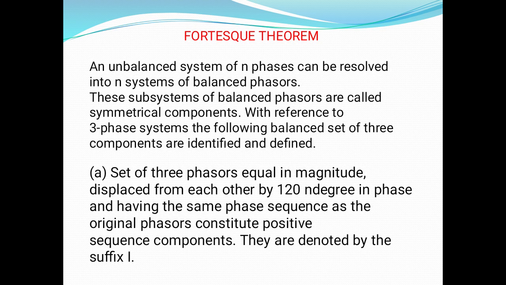The first component of an unbalanced system has equal magnitude and phase displacement of 120 degrees, and its direction of rotation is the same as that of the original phases. So this sequence component is known as the positive sequence component, and it is denoted by suffix 1.